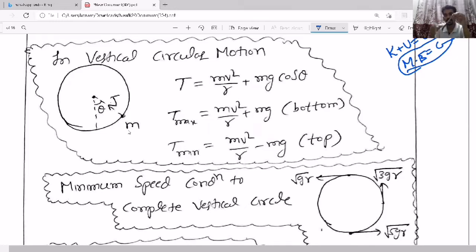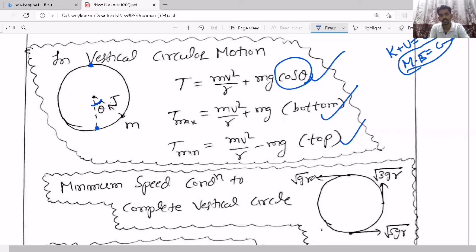Then at any point, what is the tension in the string, that they will ask, and the tension formula is given by this one. As it depends on cos theta, where theta is the angle made with the vertical, the tension is maximum at the bottom and minimum at the top position. They can ask questions based on this also.